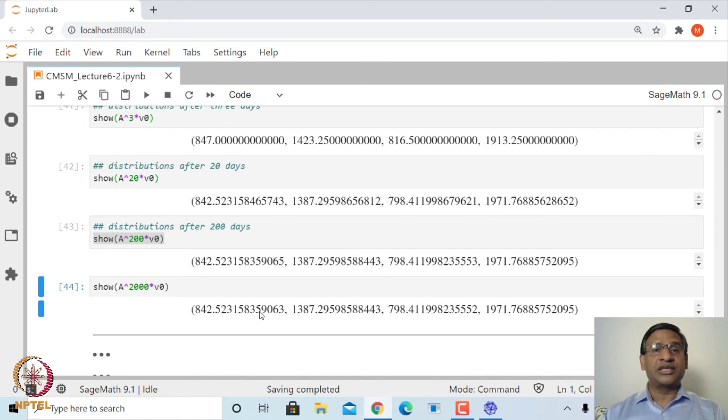So, you may have to deal with a million by million matrix, and in that case you cannot find the power of a matrix, and the only way to do it is using the diagonalizability concept, and that means you need to find eigenvalues and eigenvectors. But finding eigenvalues and eigenvectors of a very large matrix is not an easy task, it is quite expensive. So, you may have to appeal to numerical methods.